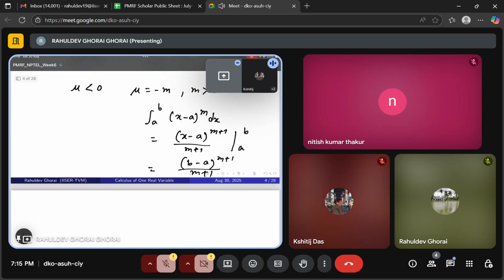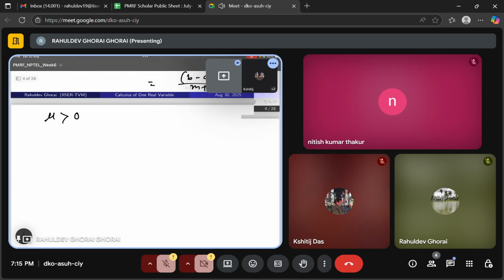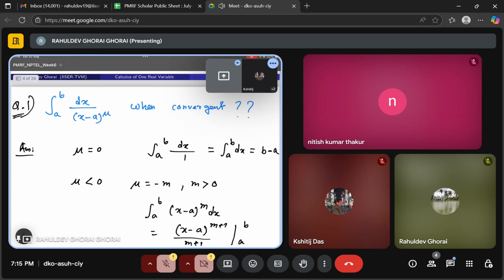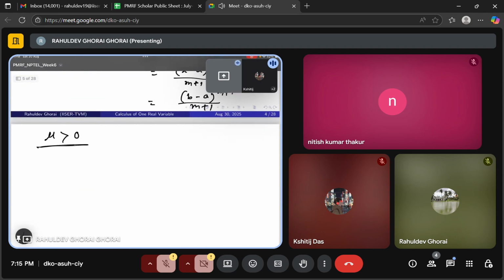But what happens when mu is greater than 0? There will be a problem, right? But can you say something more? Can you always say that if mu is greater than 0, it is divergent? We know already that mu less than or equal to 0 is convergent, but can we say that for mu greater than 0 it is divergent?